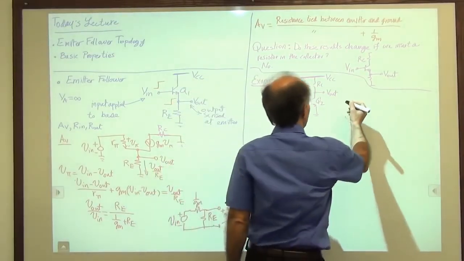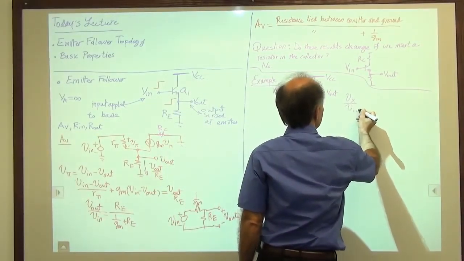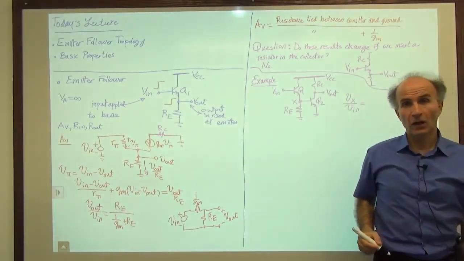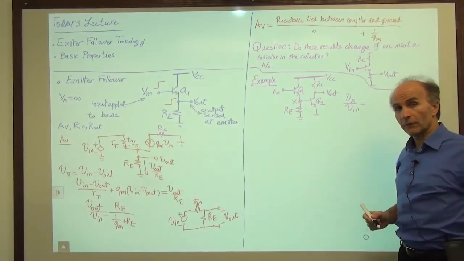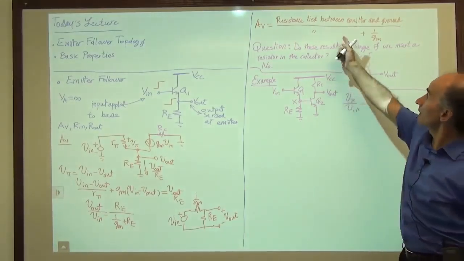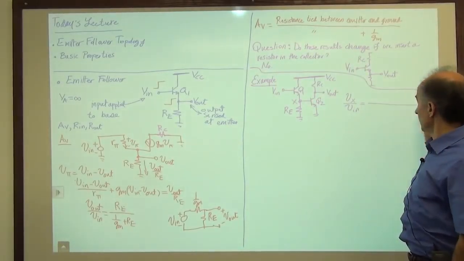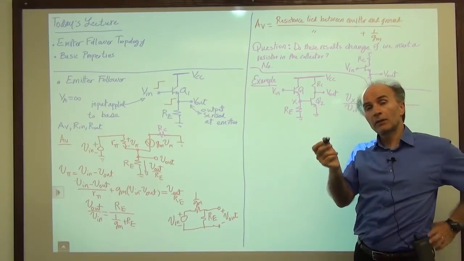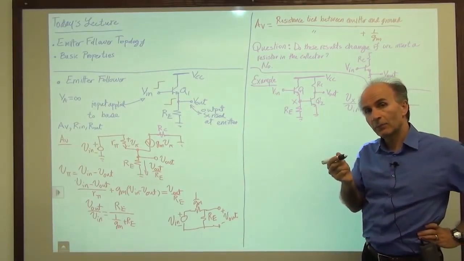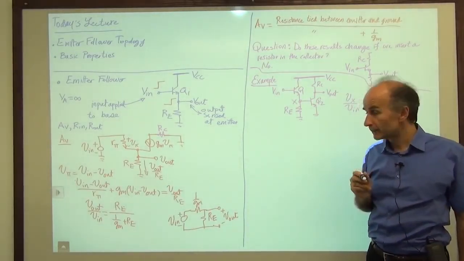Okay, so how much is Vx over V in? Vx over V in is the voltage gain of an emitter follower. So we go back to this equation here, and we draw a fractional line, and in the numerator we have to place the total resistance tied between the emitter and AC ground.